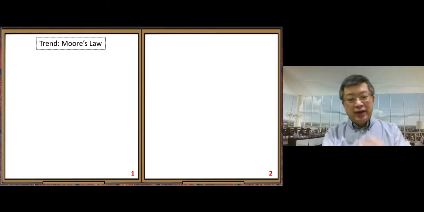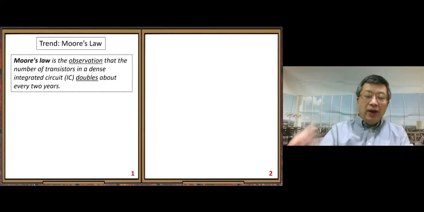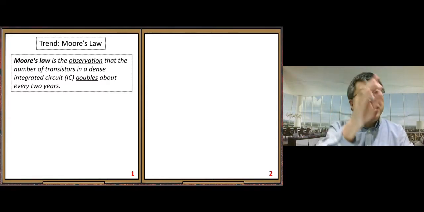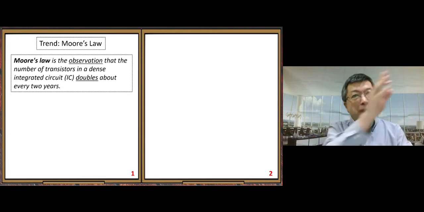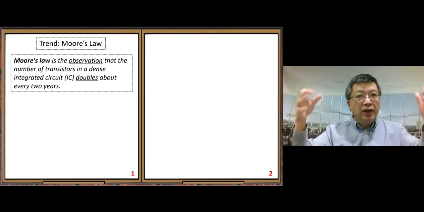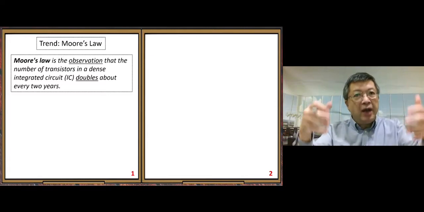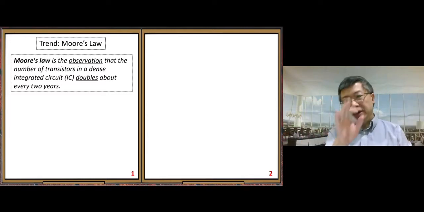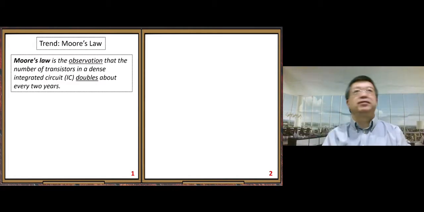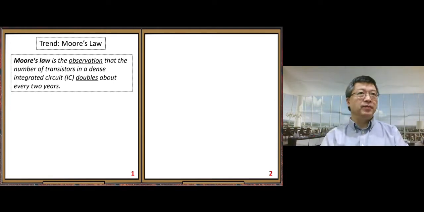Moore's Law is the observation that the number of transistors in a dense integrated circuit doubles, not precisely, about every 2 years. That's the meaning of Moore's Law.